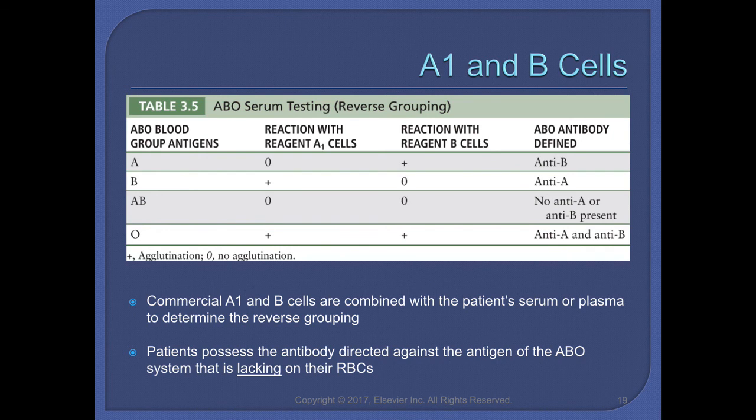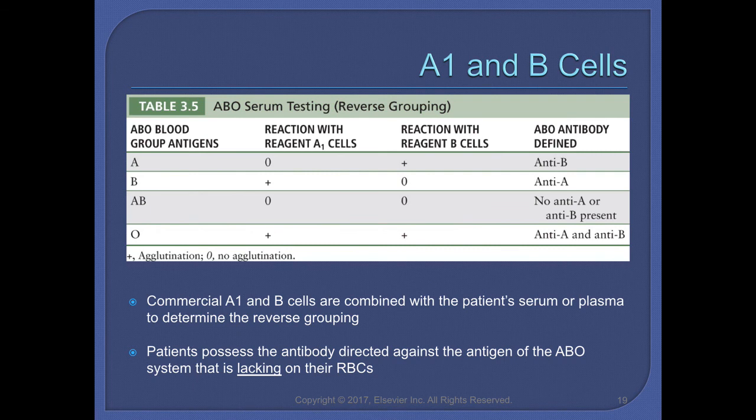So these are the reactions that you should expect with types A, B, AB, and O. If you take the plasma and react it with reagent A1 cells, a group A patient will have a negative reaction with A1 cells, but a positive reaction with B cells.